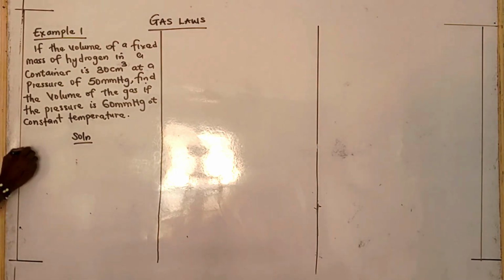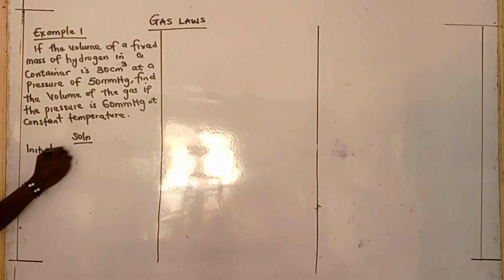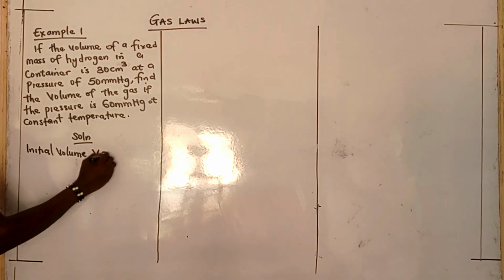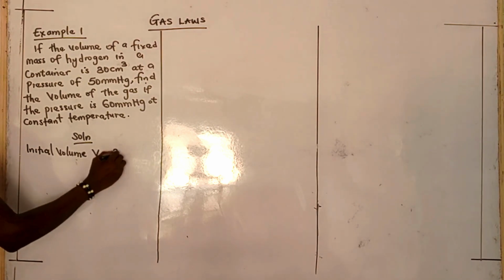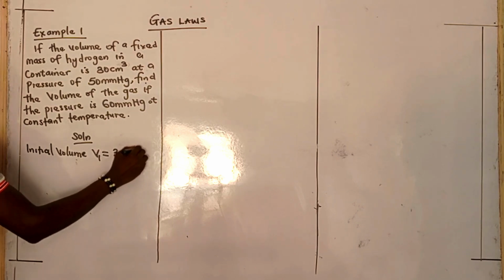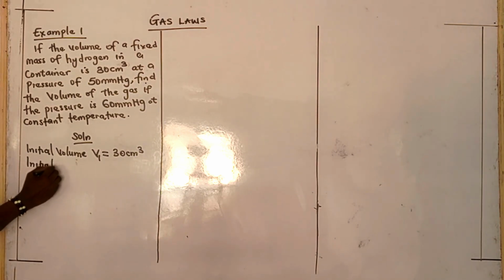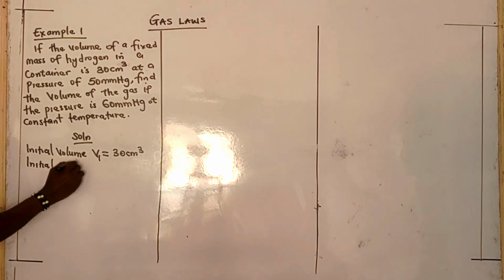Now, what are your data? The first thing we're given is the initial volume. So the initial volume, which is our V1, is equal to 30 cm³. We're also given the initial pressure.